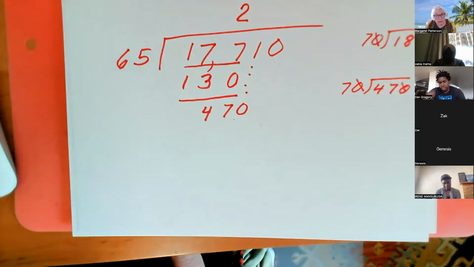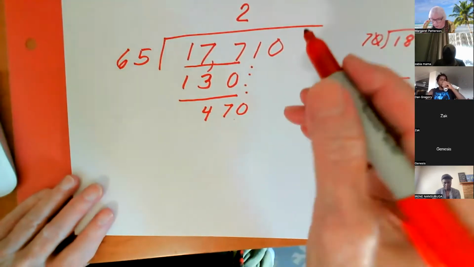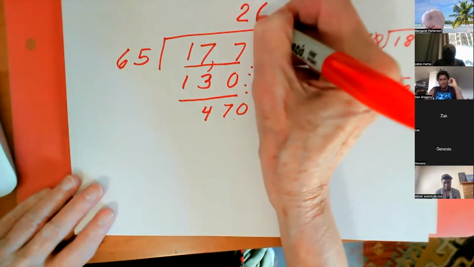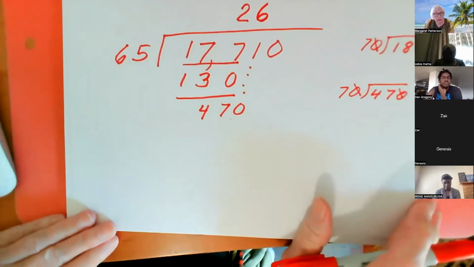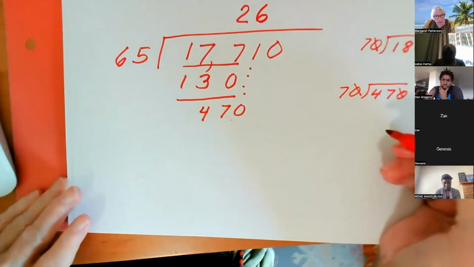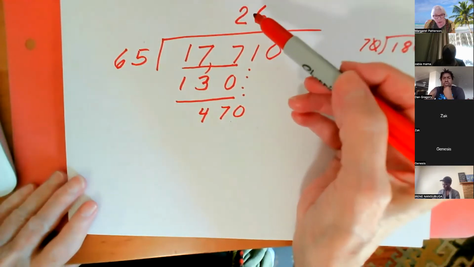So again, 7 times 6 is 42. 6 is a possibility. 7 times 7 is 49. I'm going to think 6 might be our best shot, but who knows? This works most of the time, but not every last time. So let's try it again.